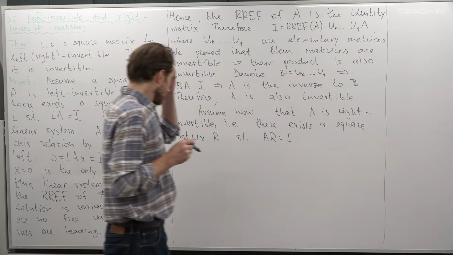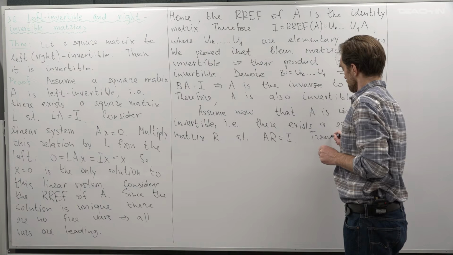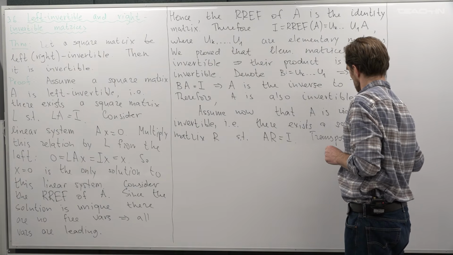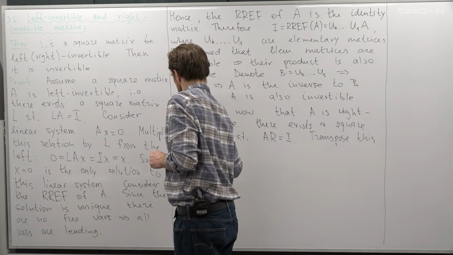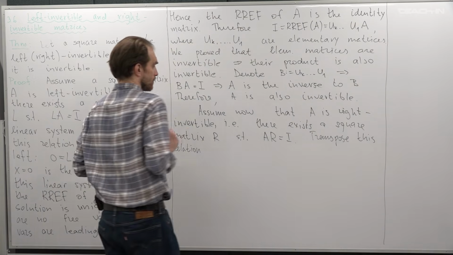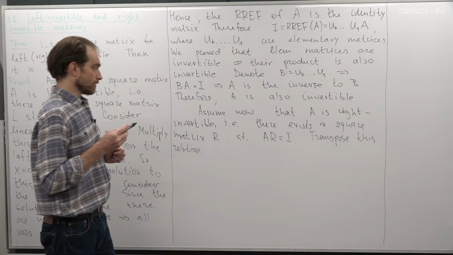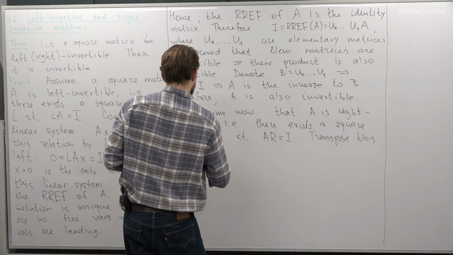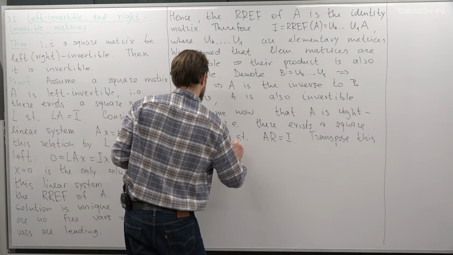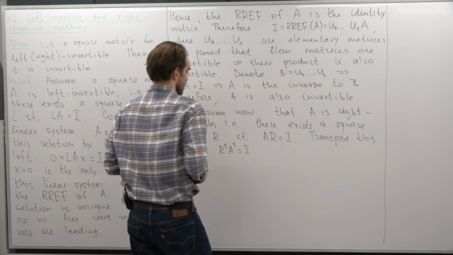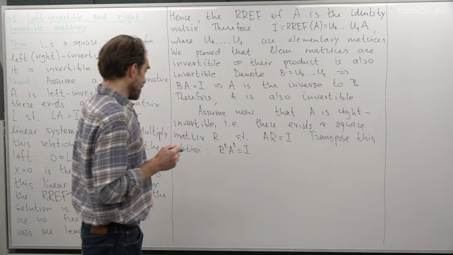Now I'm going to transpose this relation. We know that the transpose of a product is equal to the product of the transposes in reverse order. So we get the relation R transpose multiplied by A transpose is equal to the identity, just because the identity is equal to its transpose.